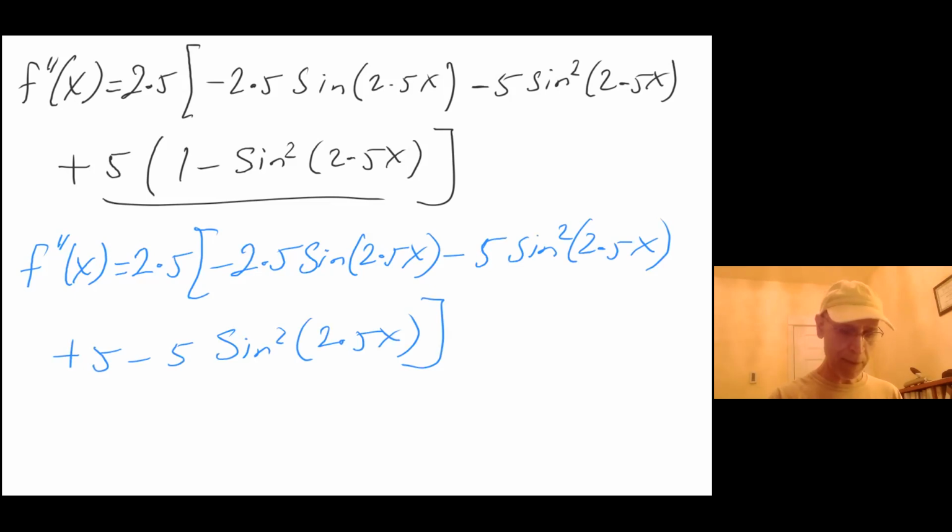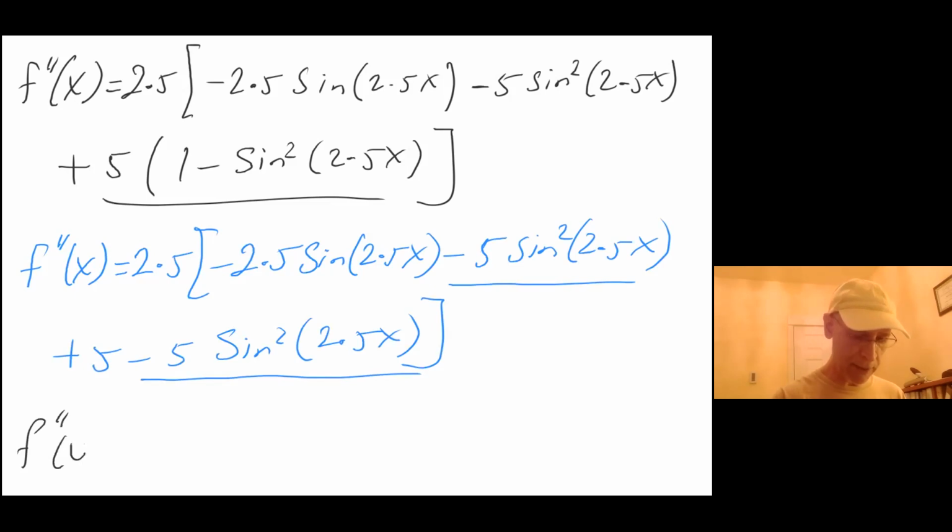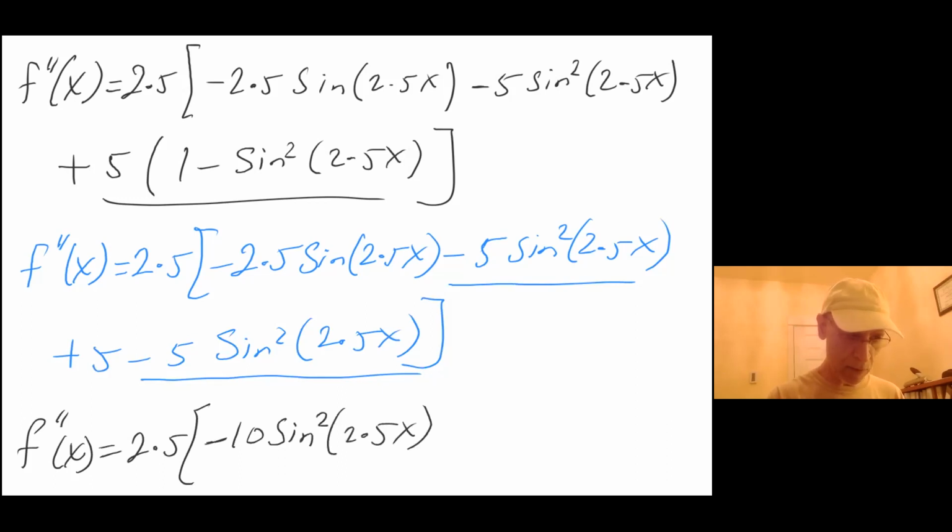Notice that I have -5 sine squared and another -5 sine squared of the same thing, so that's -10. So f double prime of x equals 2.5, and I'm going to write that in front, -10 times sine squared of 2.5x minus 2.5 sine of 2.5x, and here's my +5.